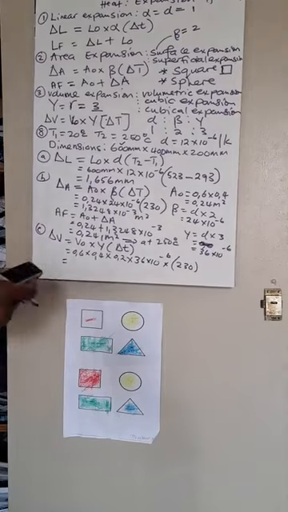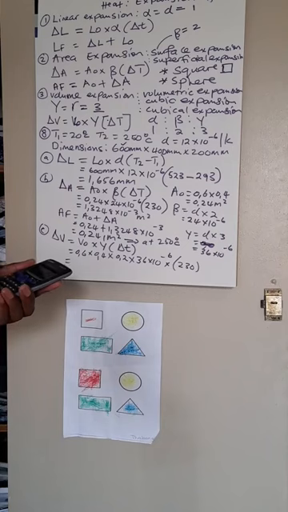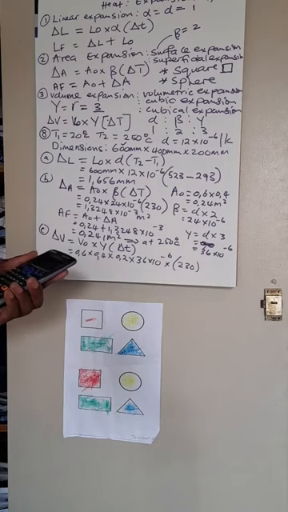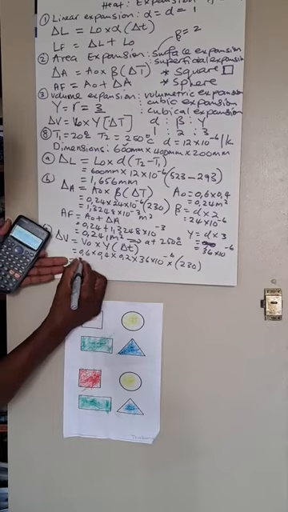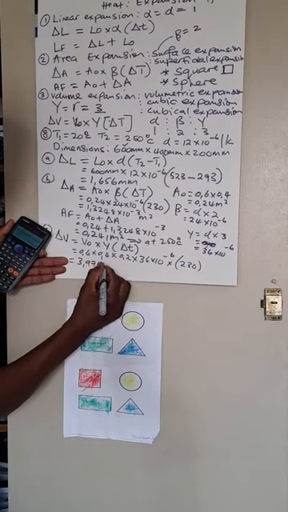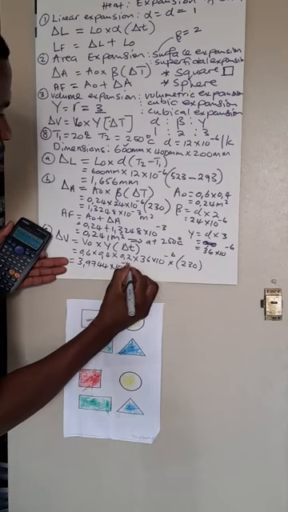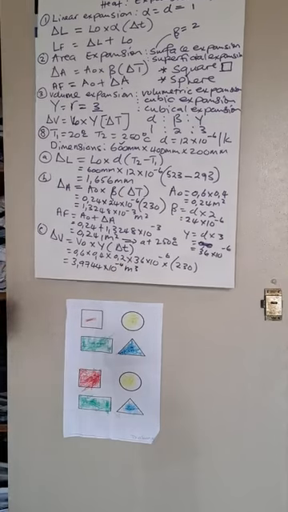So let's get our volume: 0.6 times 0.4 times 0.2 times 36 times 10 to the negative 6 times 230. I'm getting my answer as 3.9744 times 10 to the negative 4 cubic meters.